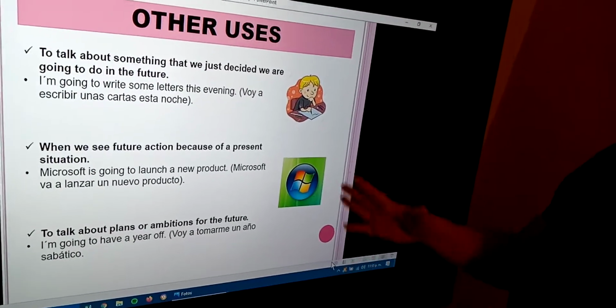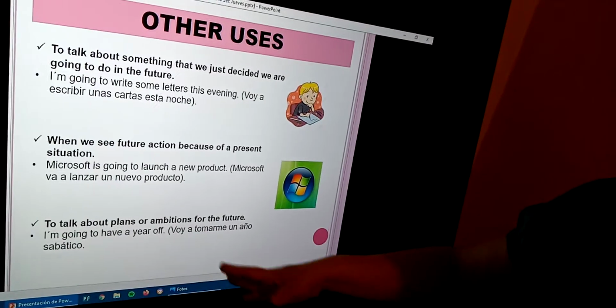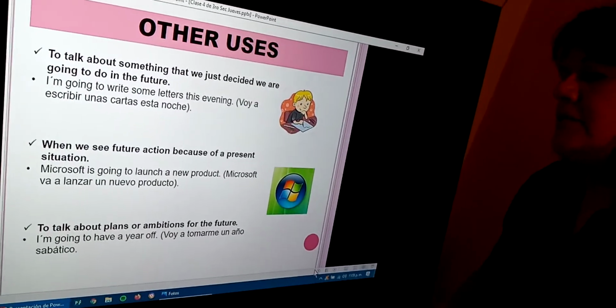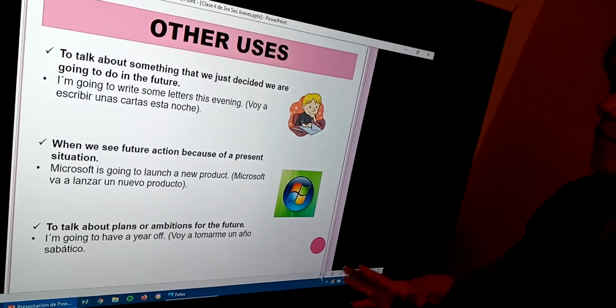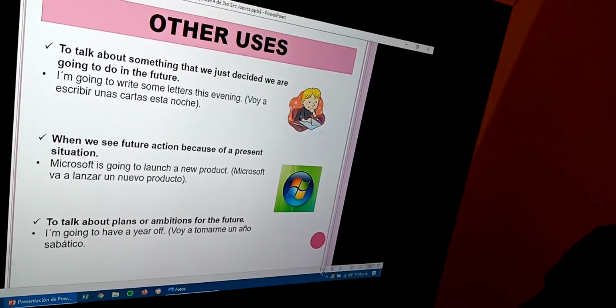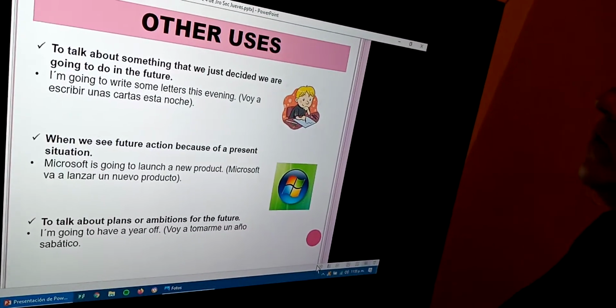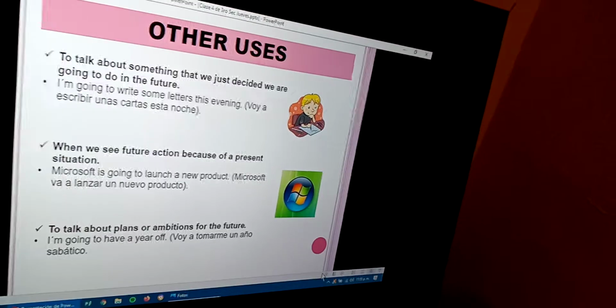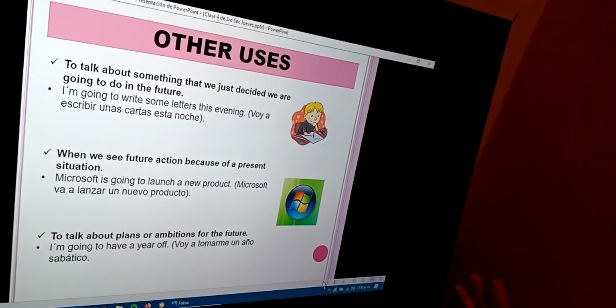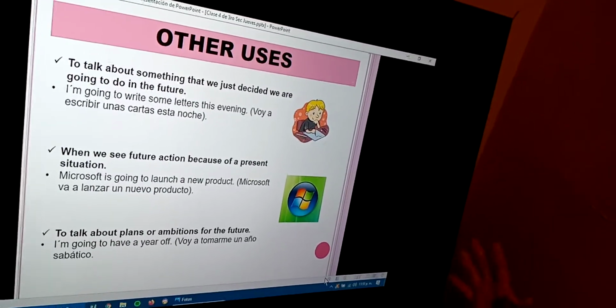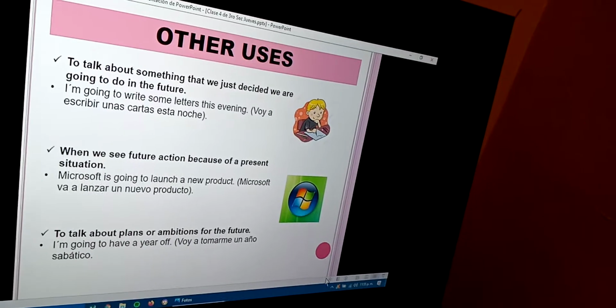The next is to talk about plans or ambitions for the future. I'm going to have a year off. Voy a tomarme un año sabático.